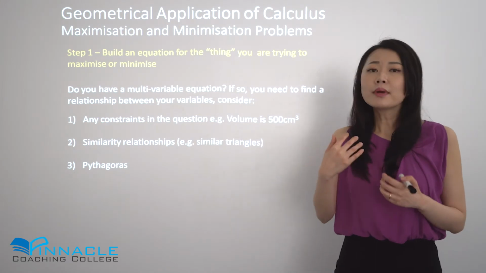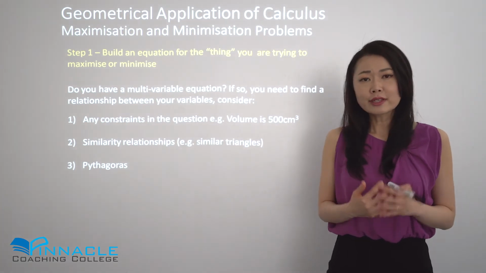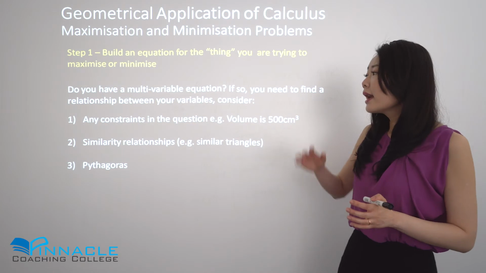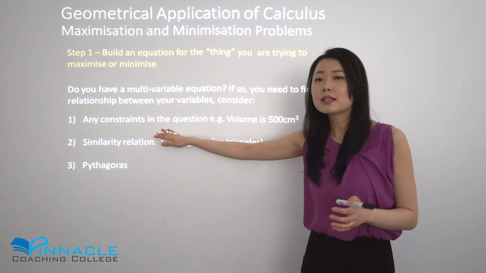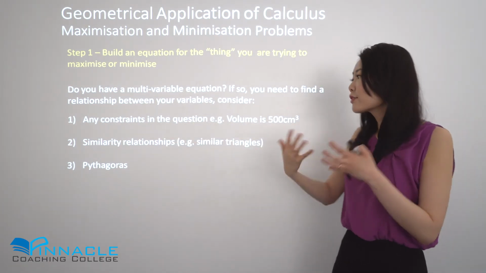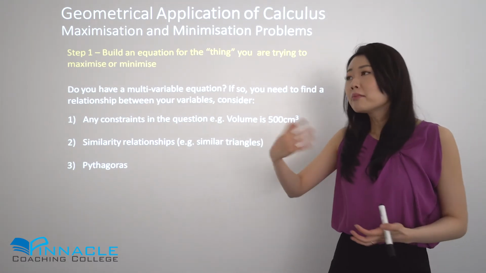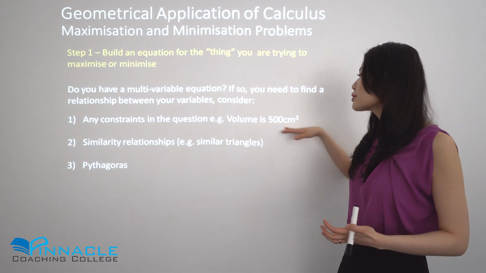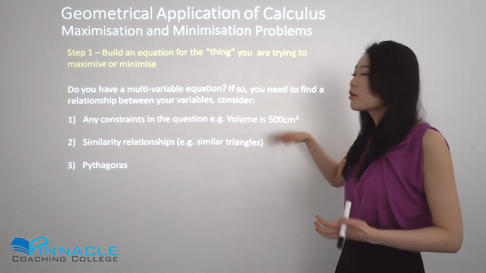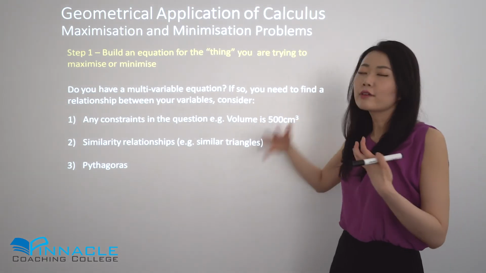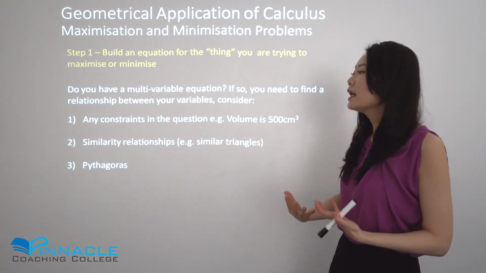So some common places to look for that relationship include, firstly, look at any constraints in the question. So sometimes, for example, if you're just trying to maximize the volume of a cone, it might be that the cone or the cylinder is restricted to just 500 centimeters cubed, okay?